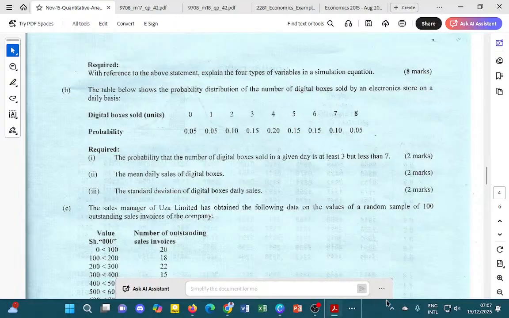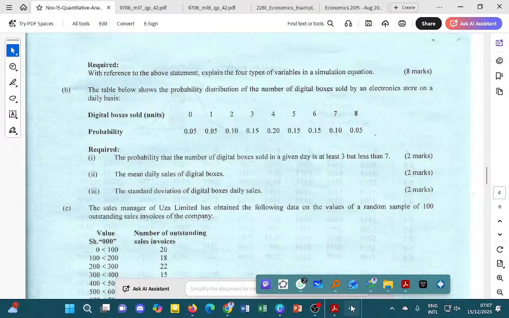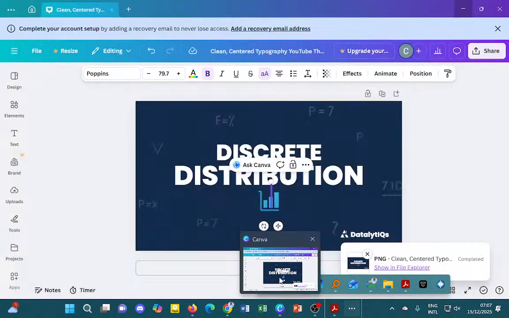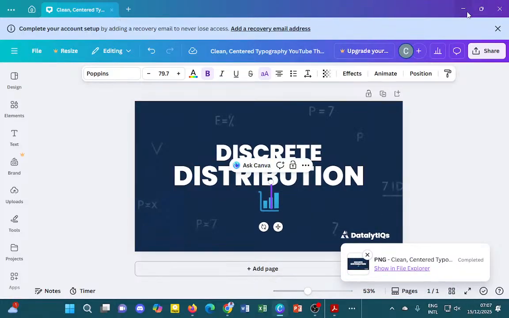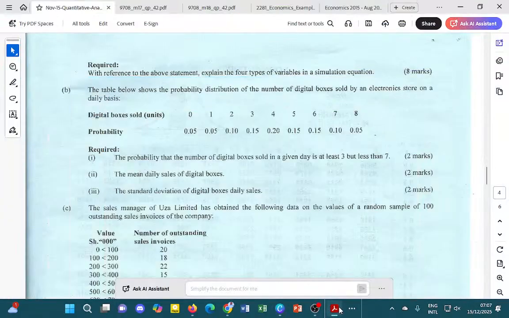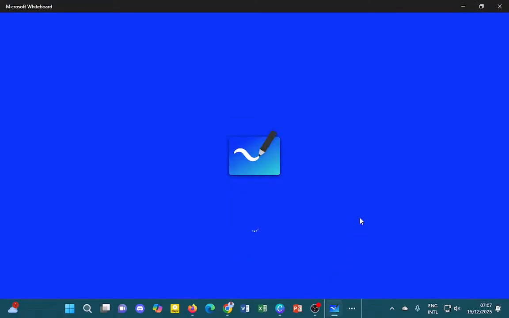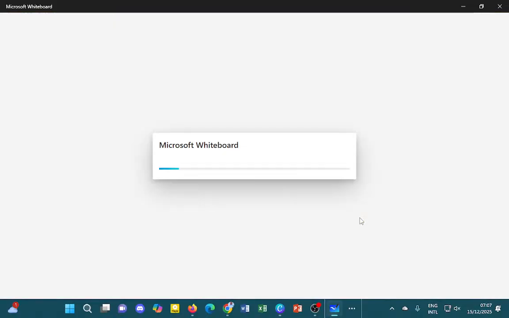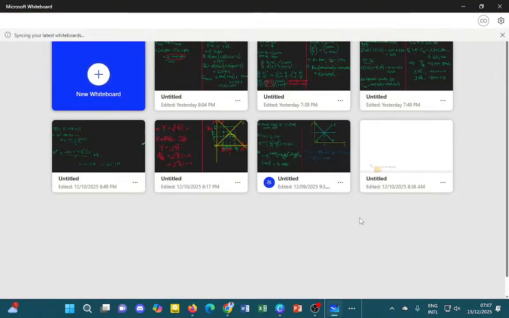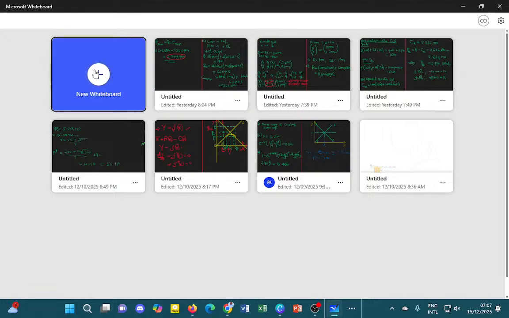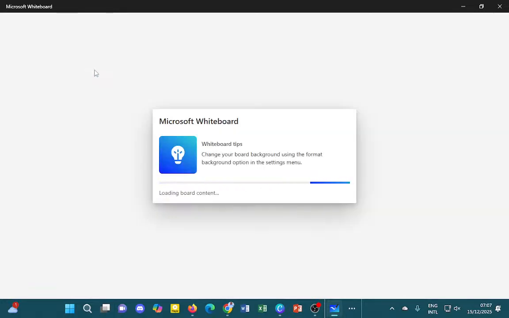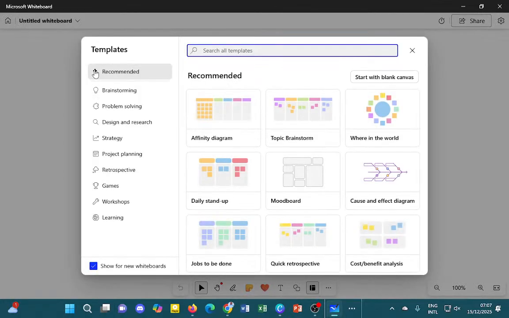So without wasting time, I'll start the solution. Now I start my whiteboard as it's opening.